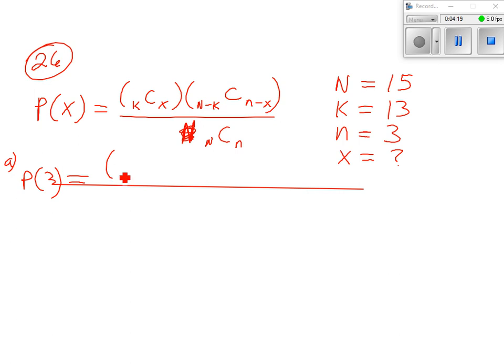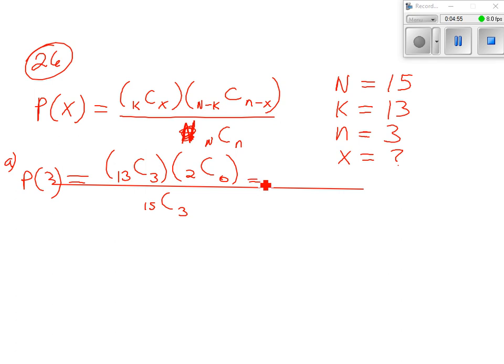We're going to punch in 13 C x, which this time is 3, times big N minus K, which is 15 minus 13, which is 2, C little n minus x, which is 3 minus 3, which is 0. Big N is 15, C, and little n is 3.